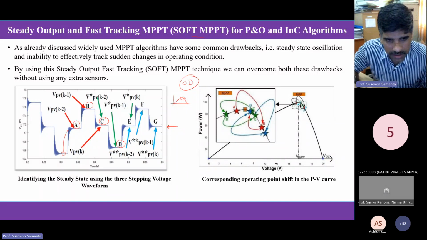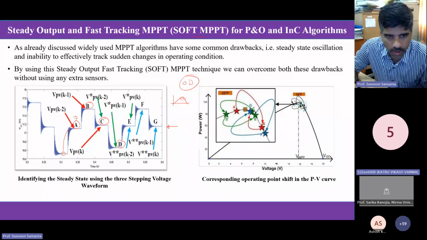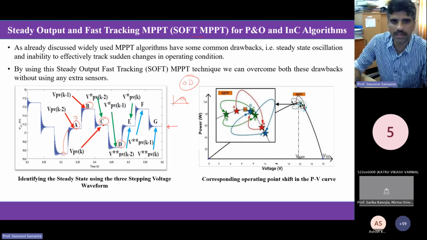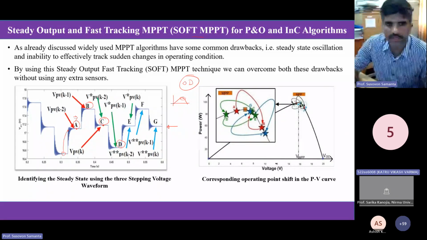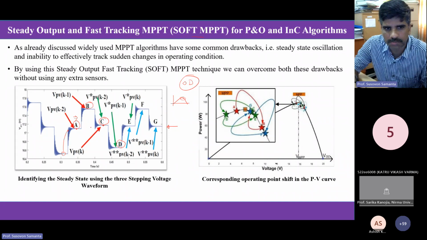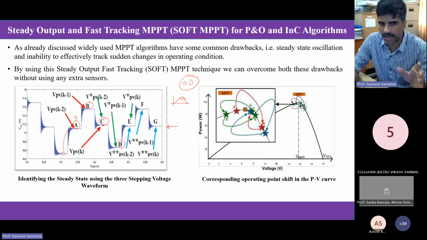So if we get this kind of waveform, then we can confirm that it has reached the steady state. And these two points are the nearest points around MPP, because this voltage is decreasing and this voltage is increasing, so this is away from the MPP. Obviously, they will not be exactly equal, but the voltage difference between this point and this point is a very small value.